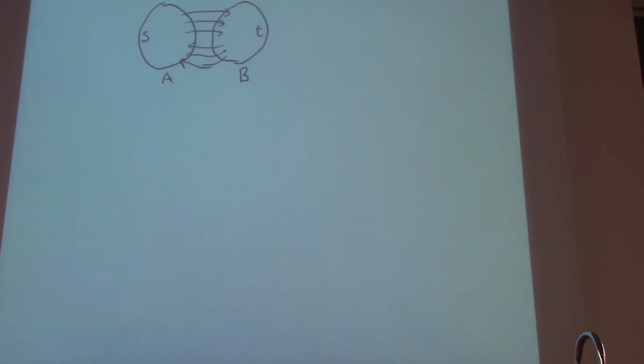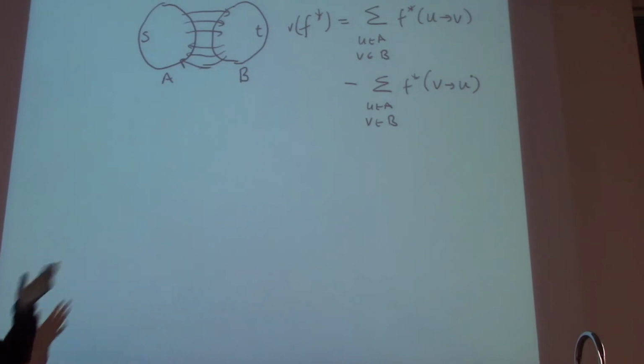So I'm going to first write this: the value of F star is equal to the sum over all u belonging to A, v belonging to B, of F star(u to v), minus the sum over all u belonging to B, v belonging to A, of F star(v to u). Of course, my summation is a little rough. I don't mean every pair, I mean every pair that actually has an edge between them. Right, so this is the flow, by definition.